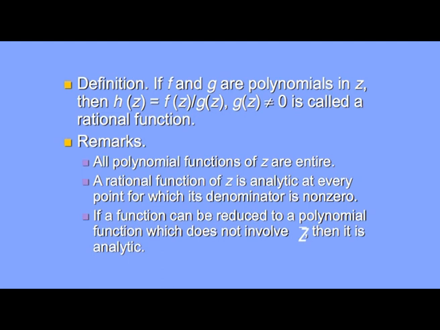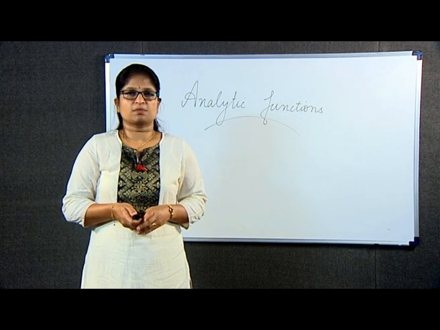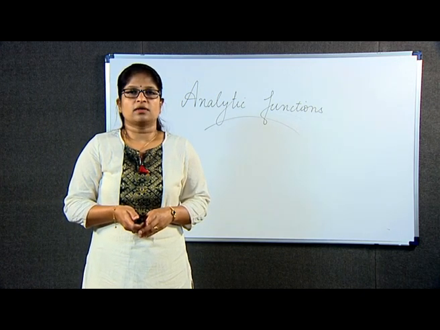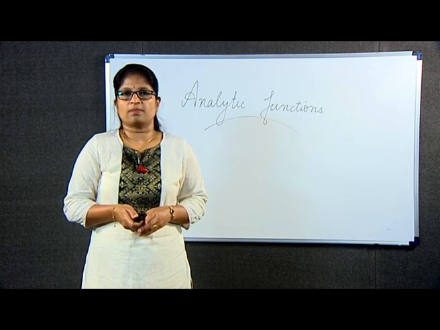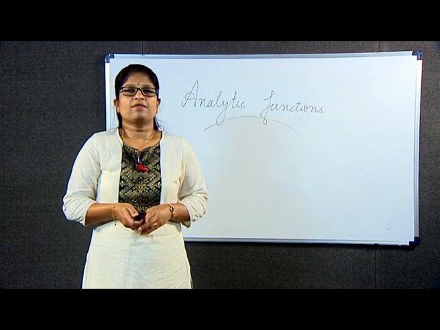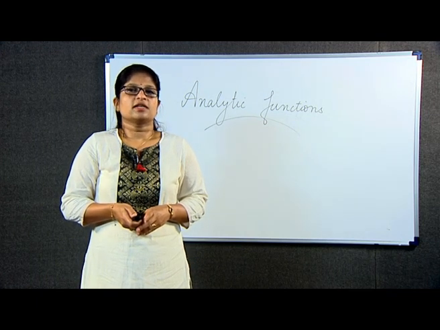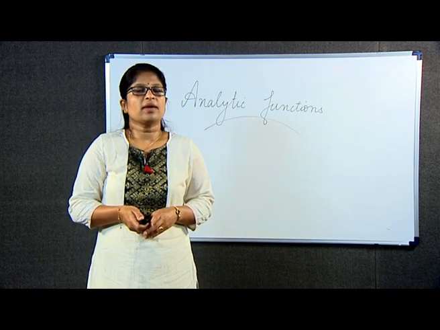If a function can be reduced to a polynomial function which does not involve z bar. So, what is z bar? When you have learned complex numbers, you know that if z is x plus iy, z bar is the conjugate of that complex number. Now we are dealing with functions of complex variables. So, if z equal to x plus iy where x and y are real variables, what will be your z bar?